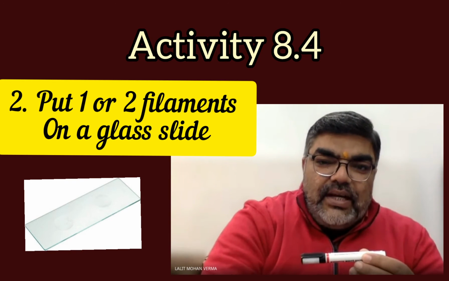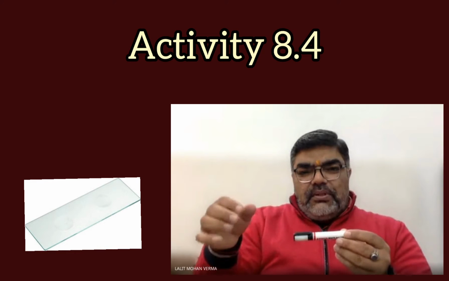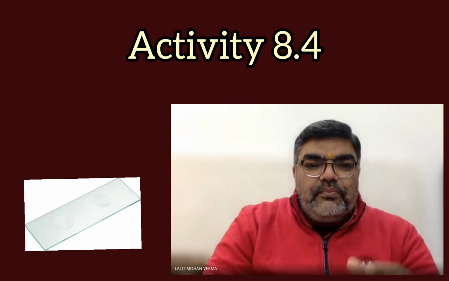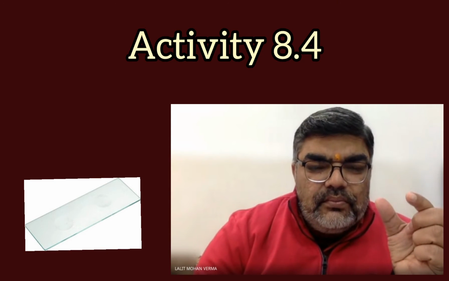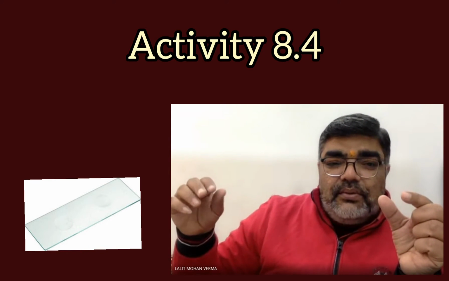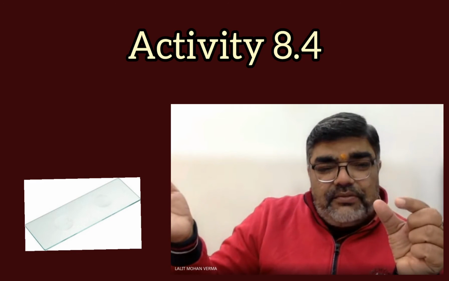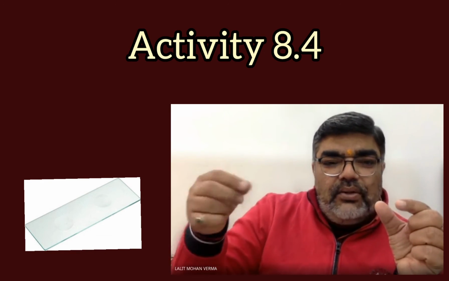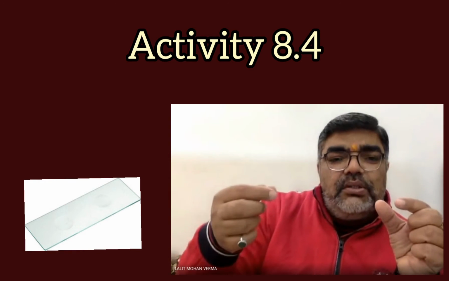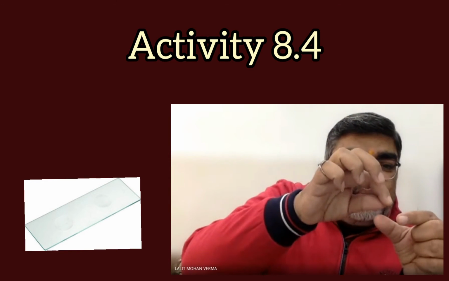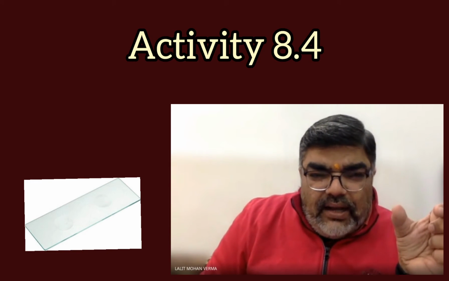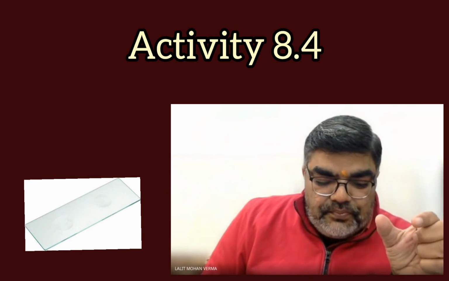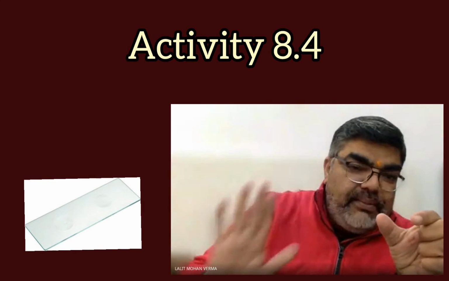Just take the slide and put one or two filaments on this slide. Take some water from the pond which is appearing green, take one or two filaments from that water and put them on the slide. Now this slide is having one or two green filaments.